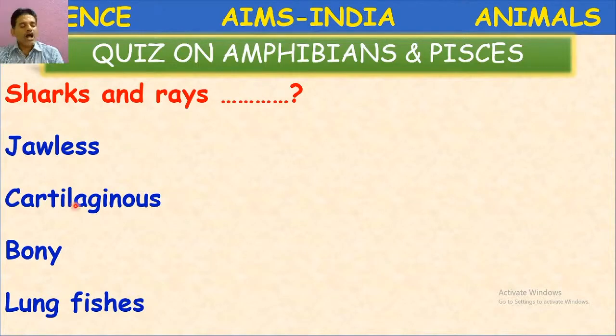The cartilaginous fishes and bony fishes. Among these two, which is the correct option? Yes, very good. Cartilaginous fishes. Cartilaginous fishes, example, sharks and rays.